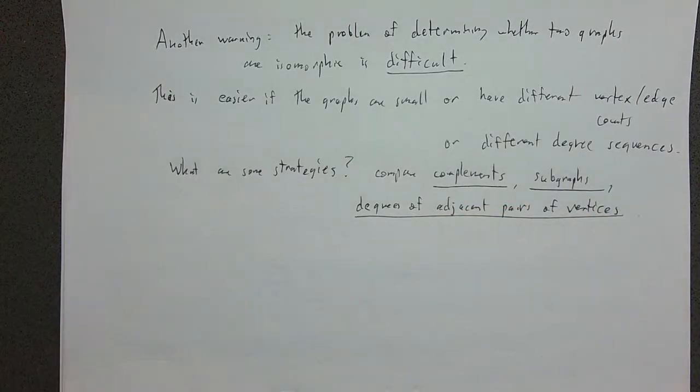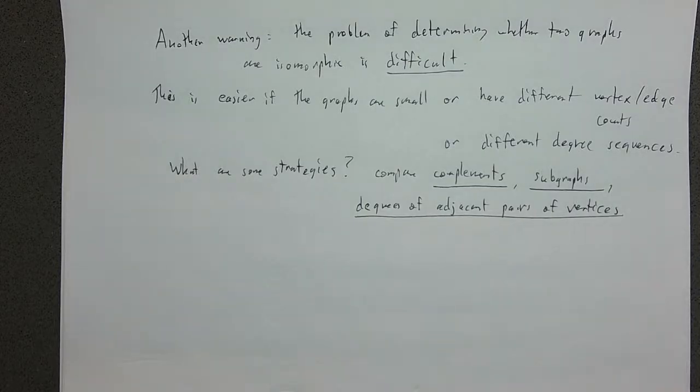These are some strategies. This is not exhaustive. There are some higher order things that can be done here. Again, we have reference to connectivity. That requires a little bit more sophistication to talk precisely about those things, which we'll do. But here are some strategies to get you going for figuring out whether or not graphs are isomorphic.